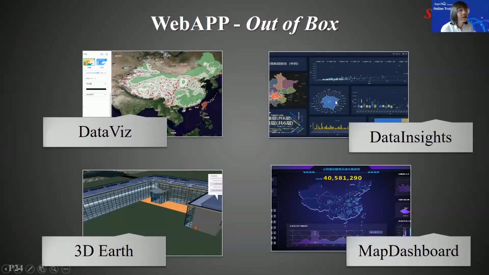You can create different visualization styles, like using different charts to represent your data. Also for dashboards, you can create your own dashboard without any coding in SuperMap iPortal. And for 3D Earth, we integrate SuperMap iEarth with Portal, so you can also create your 3D application.